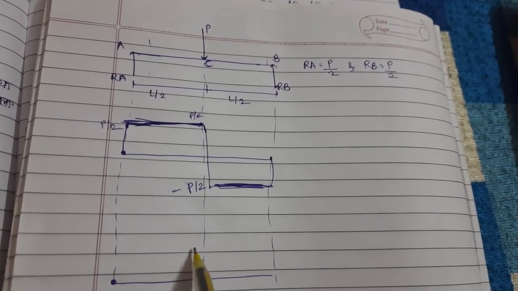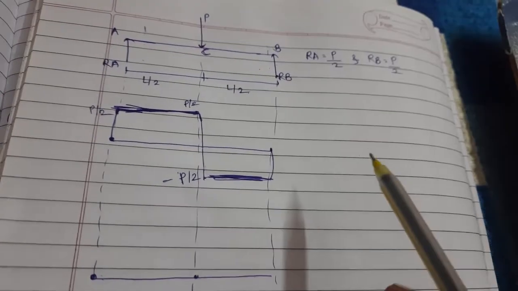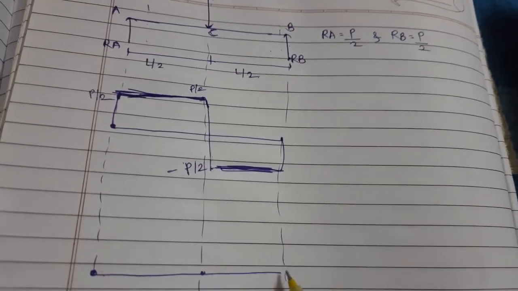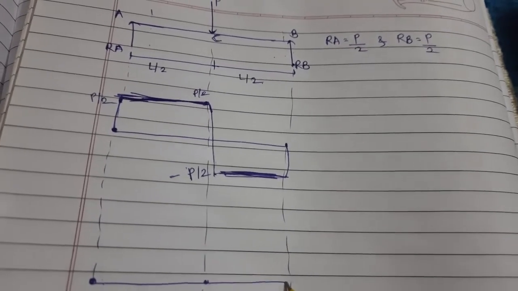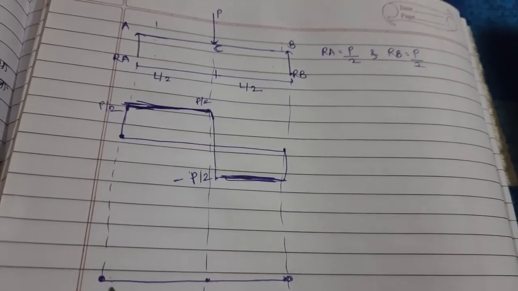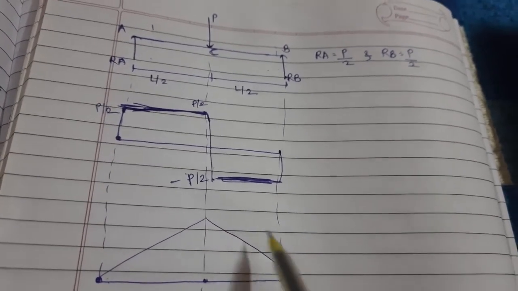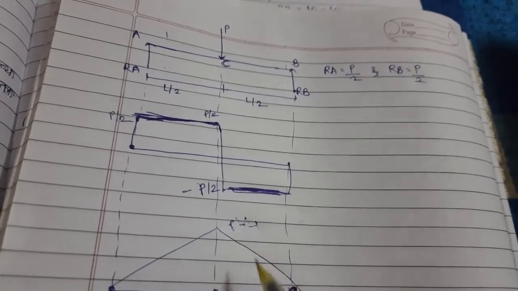P by 2 into L by 2, that is PL by 4. Then at point B, the moment is the same as at A, 0. Okay. What we get is this bending moment diagram, with maximum PL by 4.